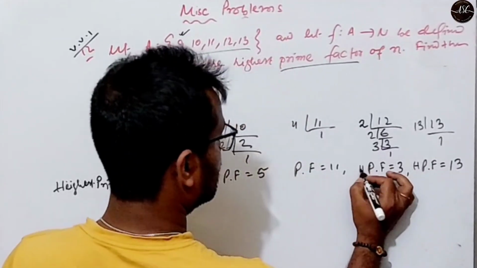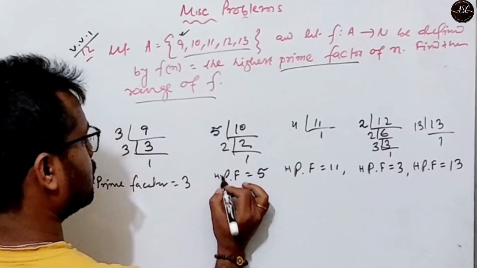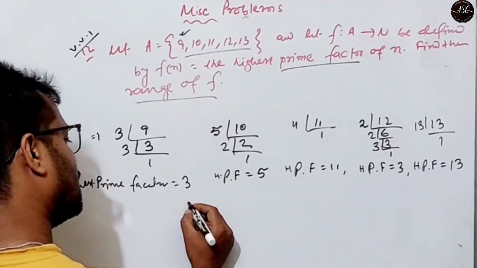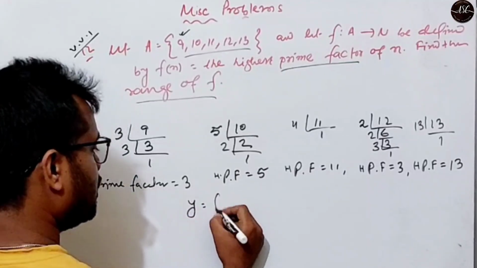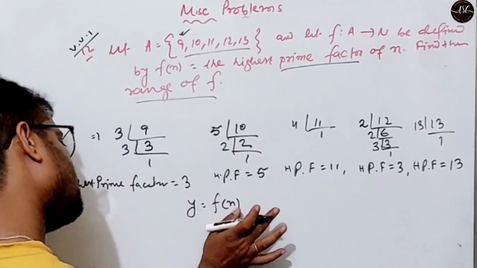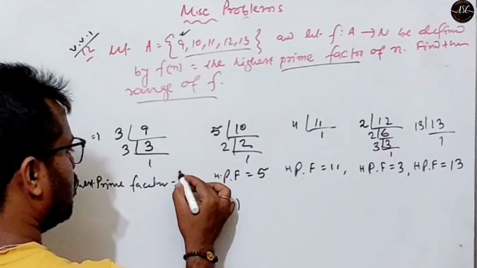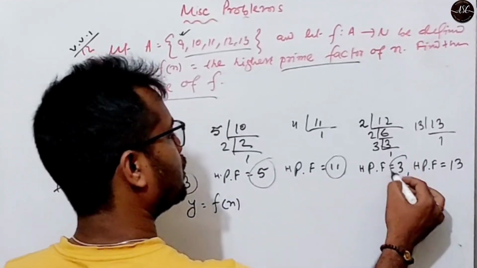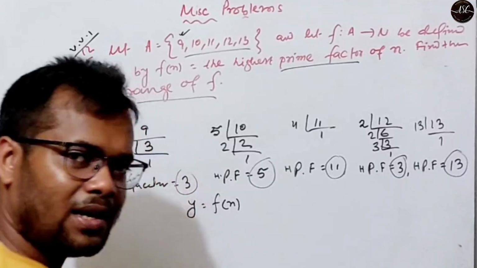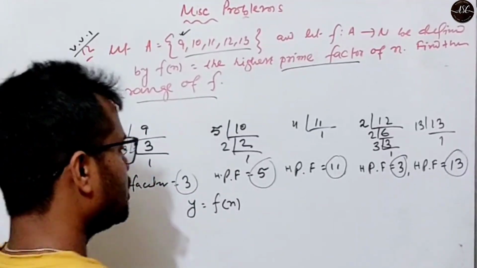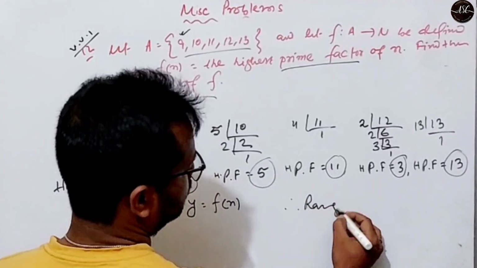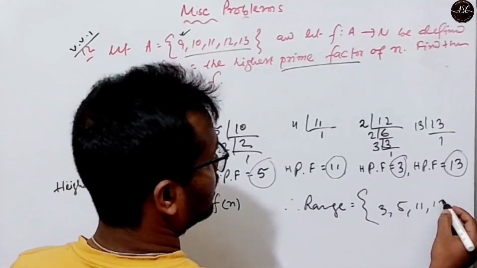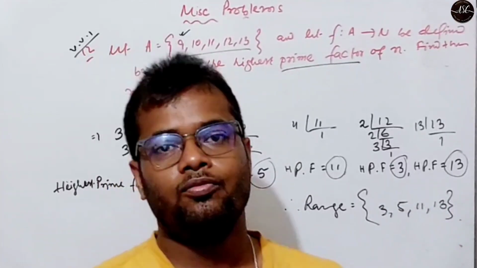So here f(n) equal to y, we get all the highest prime factors. So y is the range, and the range will be {3, 5, 11, 13}.